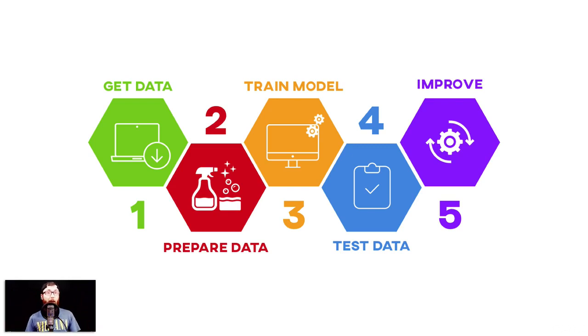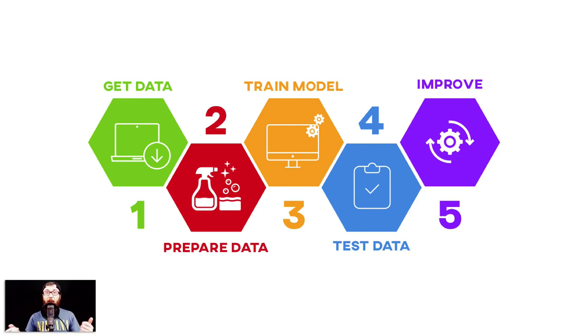step 2, prepare data. This is where we're going to go ahead and clean up the data, make sure everything is nicely organized. We're going to remove any irrelevant columns. We're going to organize it, make it look all nice and pretty, just to make sure that it is sorted and organized the way that we want it to, because we are going to have to import it in a very specific way when creating our machine learning model.